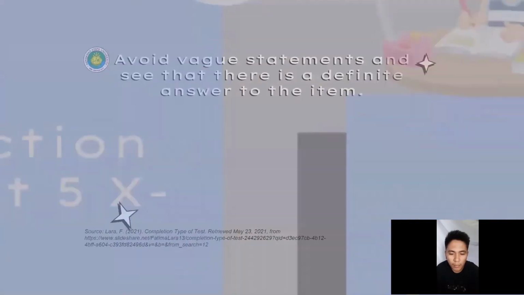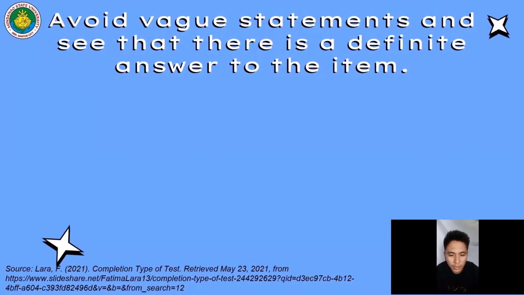Number 8, avoid vague statements and see that there is a definite answer to the item. Vague means uncertain, indefinite, or has unclear character or meaning. So give a specific question so that there should be only one possible correct answer.